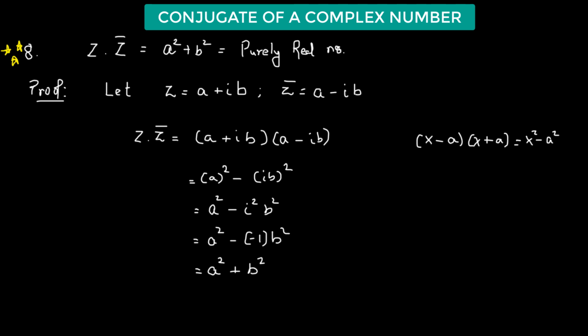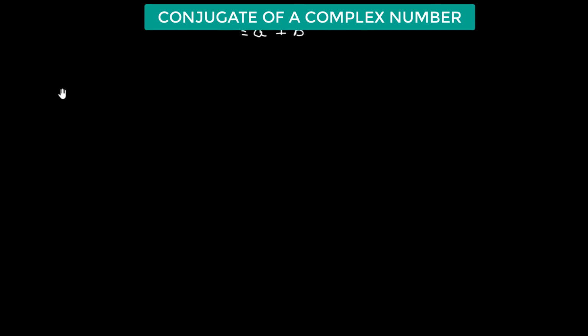Now let's talk further about the other properties. This is property number 9. We have talked about addition and subtraction. Let's talk about multiplication. So we have two complex numbers z1 and z2. We take the conjugate of their product.